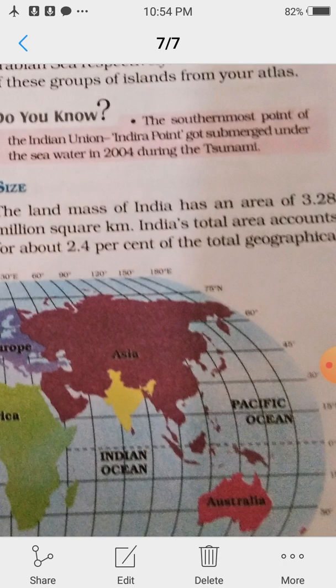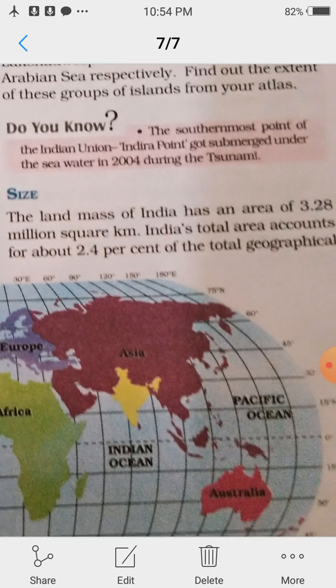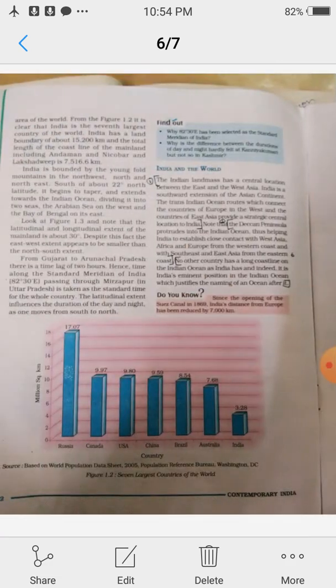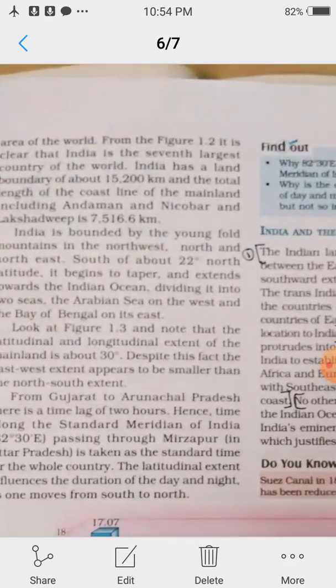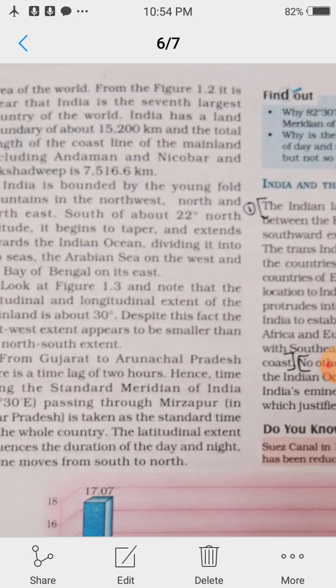India's total area accounts for about 2.4% of the total geographical area of the world.